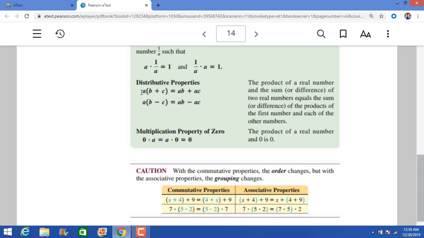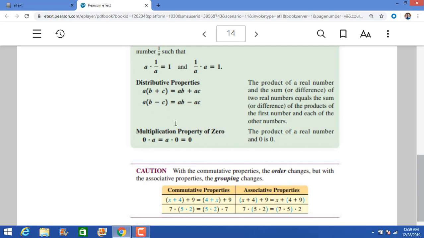So that means we can distribute the A to the B and the C, and we get A times B plus A times C. The distributive property says that both sides of the equal sign will be the same. And the same goes for using it across subtraction.